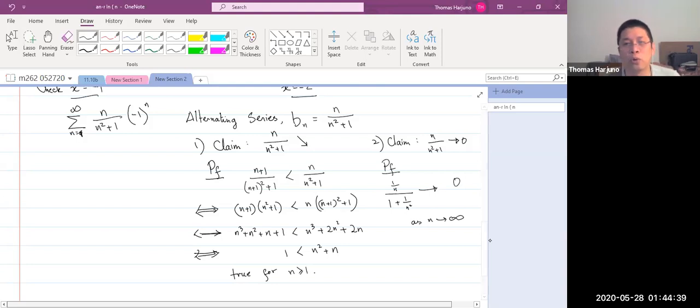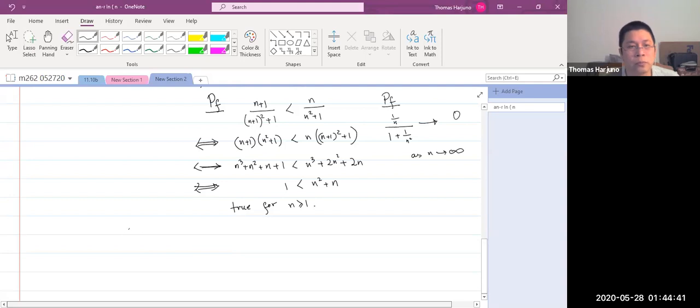So this series from 1 to infinity of (-1) to the n times n over n squared plus 1 is convergent by the alternating series test.